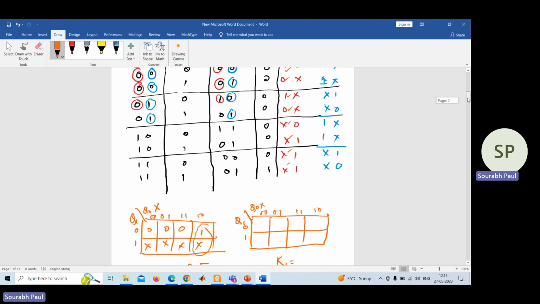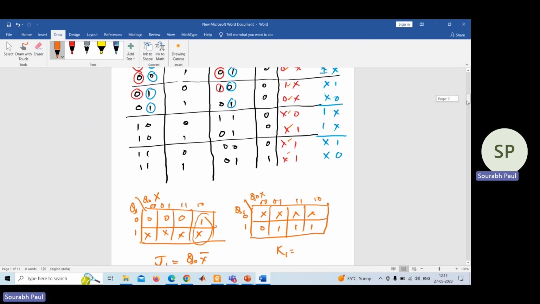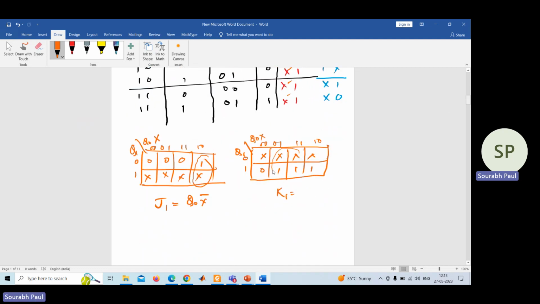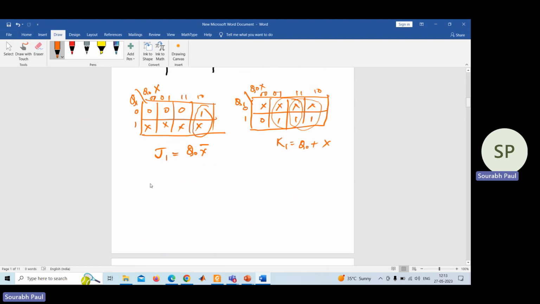You got K1 actually: don't care, don't care, don't care, don't care, 0, 1, 1, 1. So what you can do, you can make this word. For that, what you will get? That is Q0, and we can make this word, and for this one you get X.